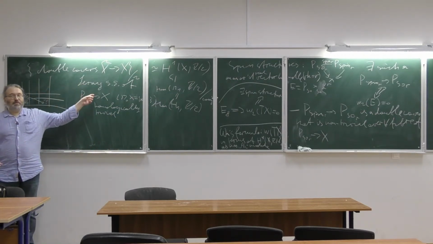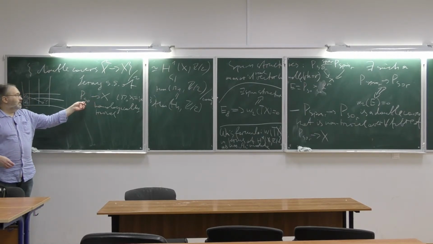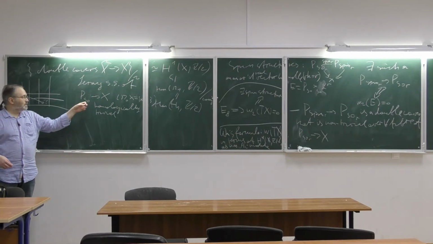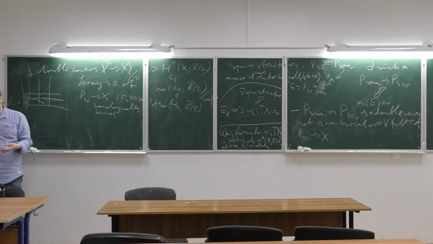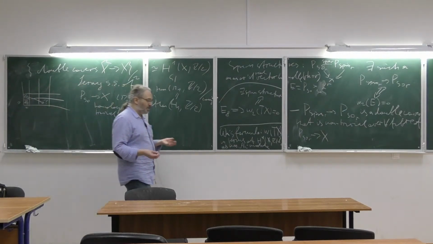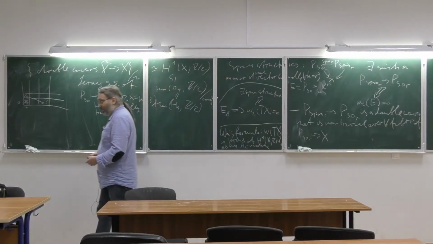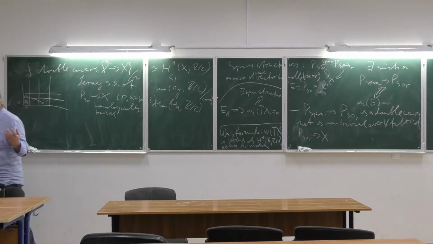Because the monodromy will be multiplication by elements of SO, and these act trivially on the cohomology of SO because SO is connected, as opposed to O. O is not connected, but SO is connected.